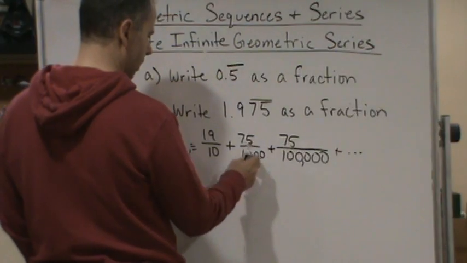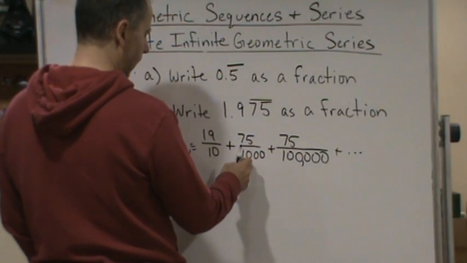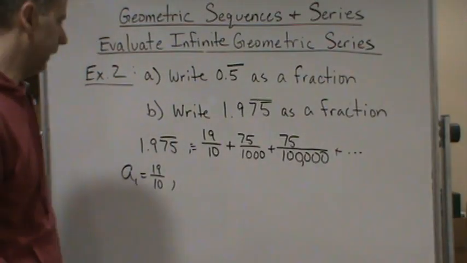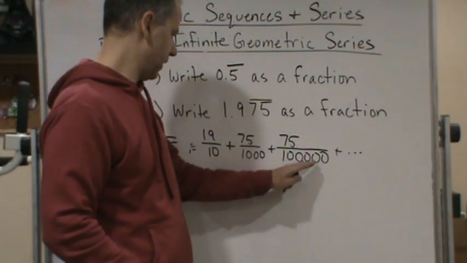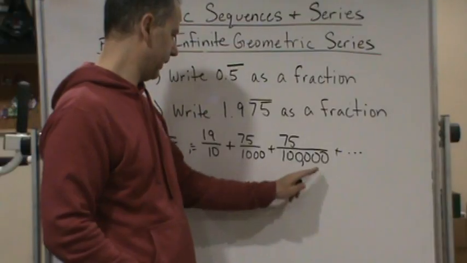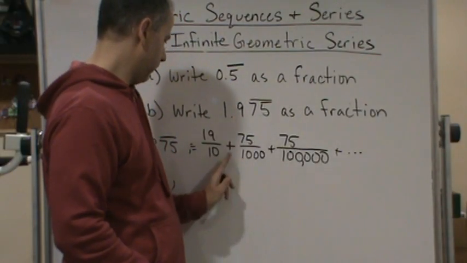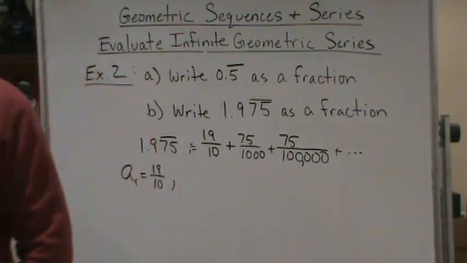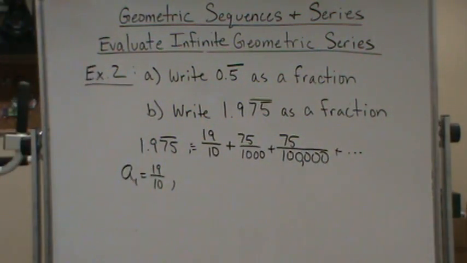The common ratio is going to be 1 over 100, right? The reason why you can see that is because you keep adding 2 zeros, right? To go from here to here, and to go from here to here, you're adding 2 zeros, okay?